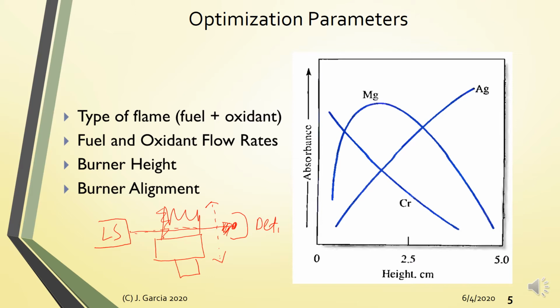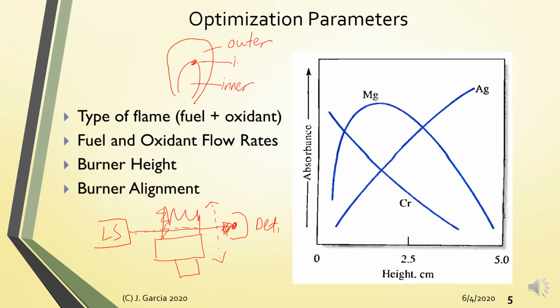And if you remember from your general chemistry, when you studied your Tirrell burner and the parts of the flame, your flame actually has three parts. You have your inner cone, you have your outer cone, and this intersection here is very important.